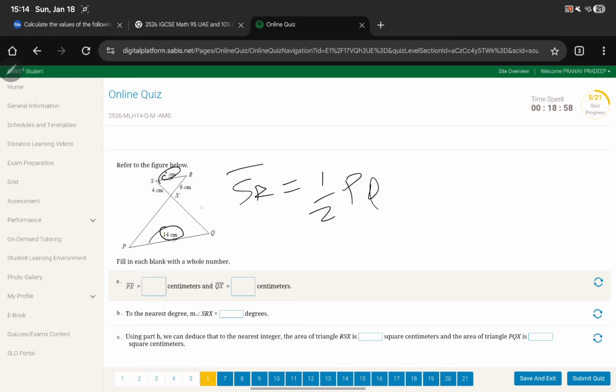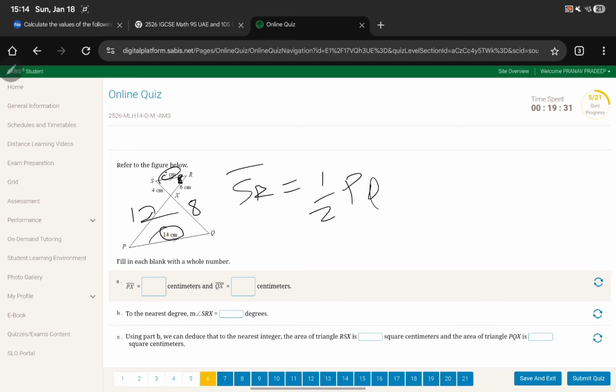So SX is 4 and XQ is 8, and if RX is 6, then XP will be 12. I hope you get it. So PX will be 12, and QX will be 8. Now, to the nearest degree, the measure of SRX. They're asking for this.